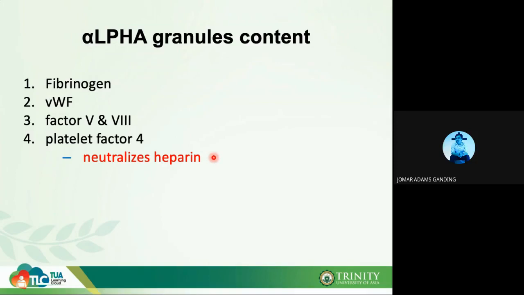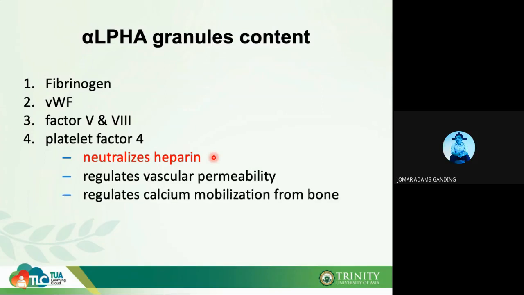So in addition to that, your platelet factor 4 also regulates vascular permeability, and it also regulates calcium mobilization from your bone. Why is calcium mobilization from your bone important? Again, let's go back to your calcium sequestering pump in your dense tubular system and the action of your calcium, more specifically during coagulation.